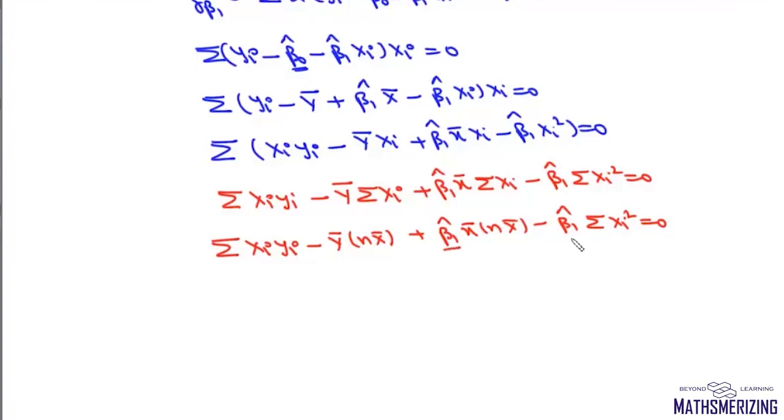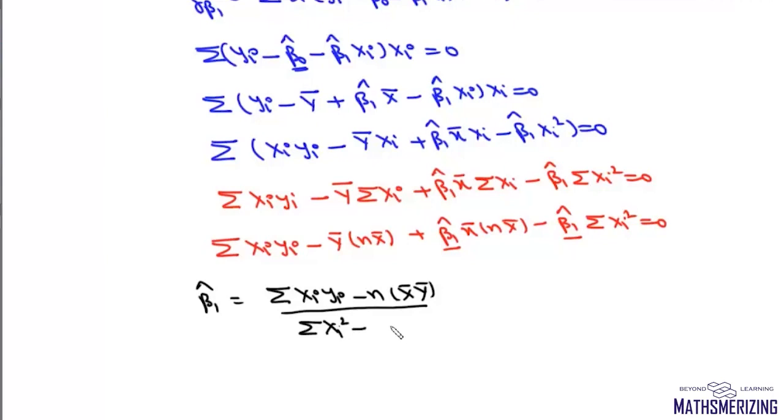Now from this we can write beta 1 cap. So this beta 1 cap will be summation xi yi minus n x bar y bar upon summation xi square minus n into x bar square.